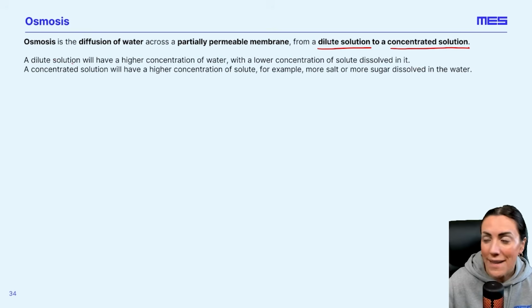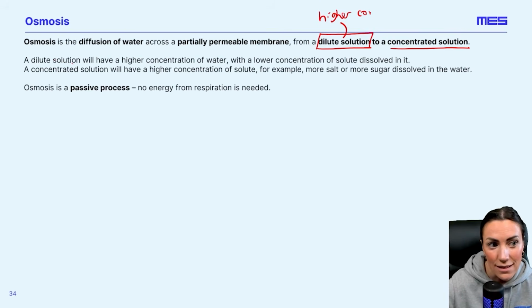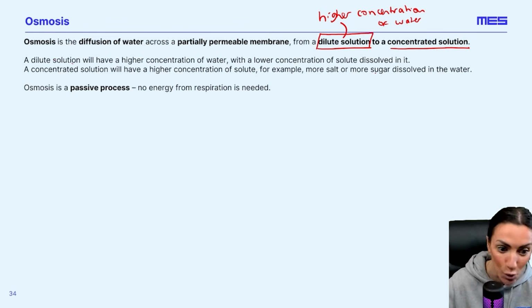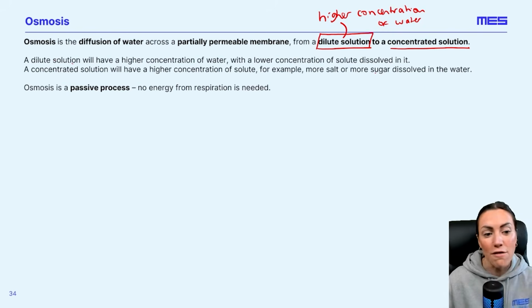So we always say that osmosis is the diffusion of water from a dilute solution because a dilute solution has a higher concentration of water. Just think about dilute orange squash. It has less orange squash, it has more water, right? So it's going from a dilute solution to a concentrated solution, but a dilute solution does have a higher concentration of water.